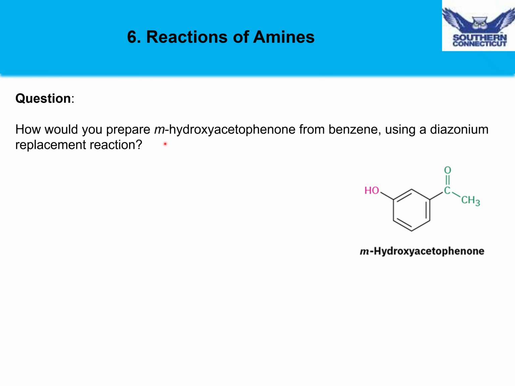Here's a question where we want to prepare meta-hydroxyacetophenone. Of course, this would be a difficult molecule to make based on electrophilic aromatic substitution. We want to use the diazonium salt replacement reaction, aka the Sandmeyer reaction, to add the phenol group onto this molecule.